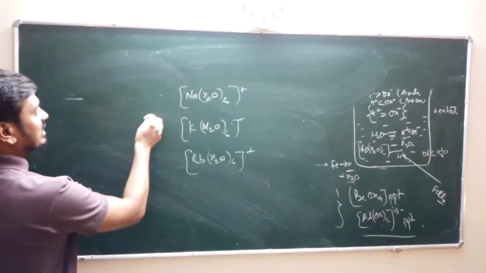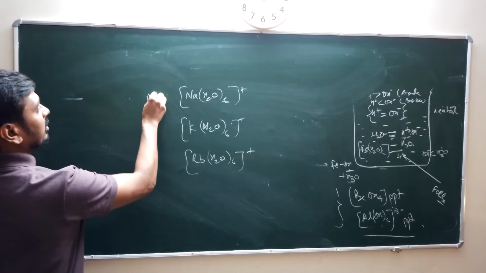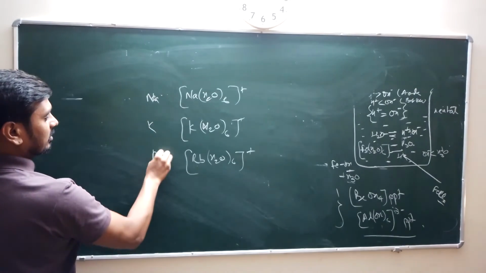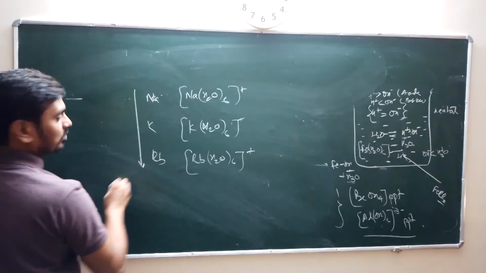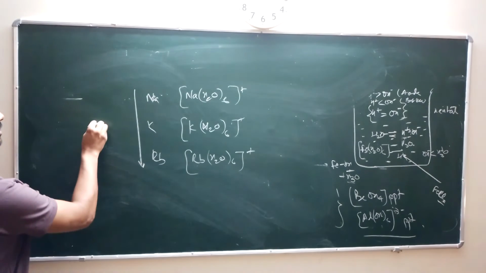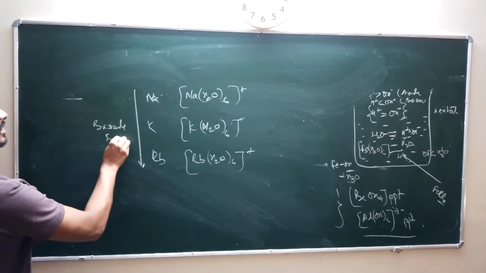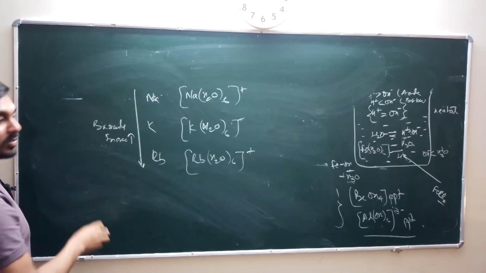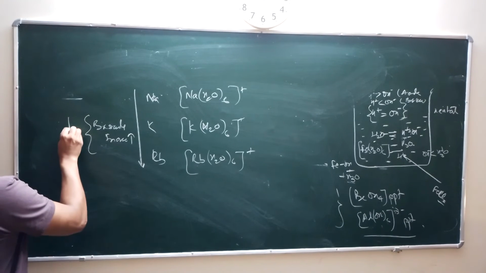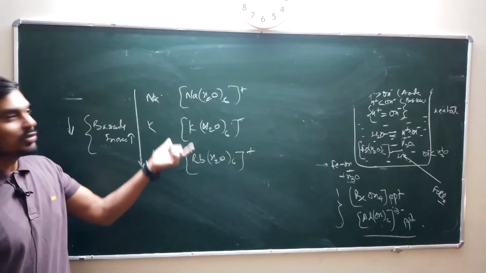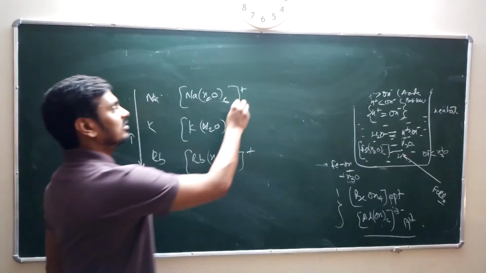So you can simply say they are elements of the same group, isn't it? So when you move down the group, what happens? Basicity increases. Means acidity decreases. Alright. So which one will be most acidic? This one.